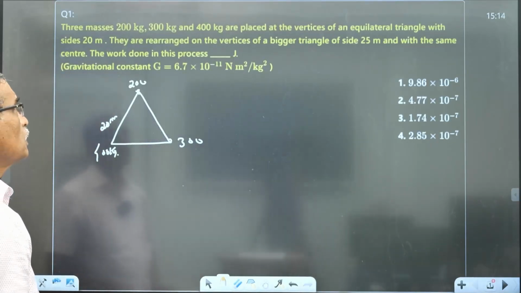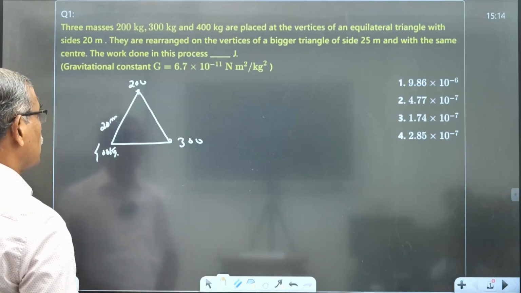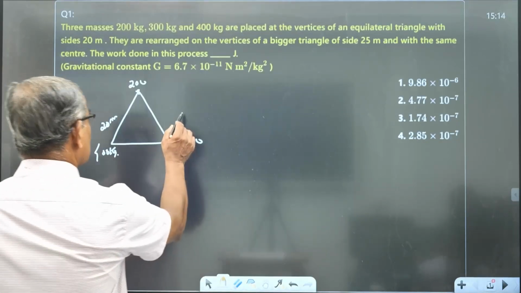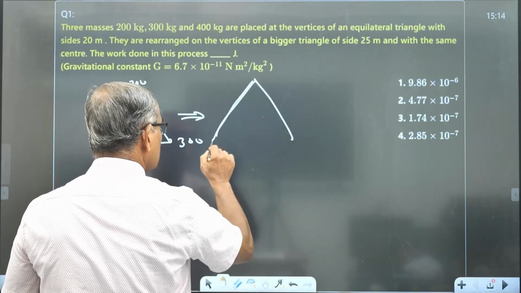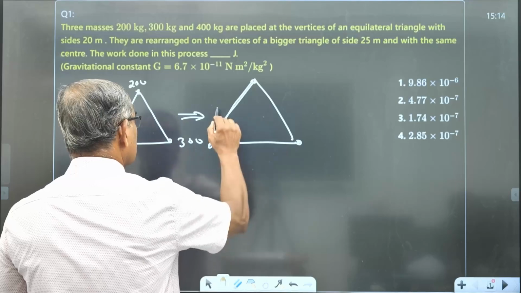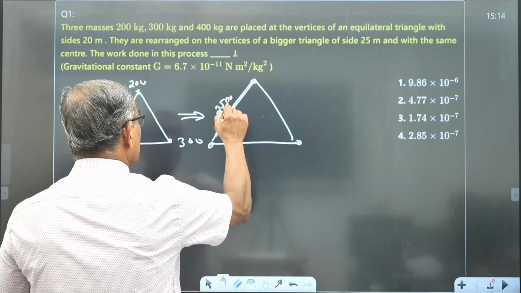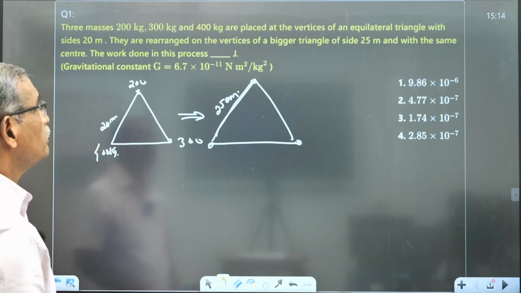The question is, we are going to rearrange so that it becomes a bigger triangle of 25 meter. Now this is transformed into this one. Masses are the same, but this is 25 meter. That's okay. 20 becomes 25 meter.